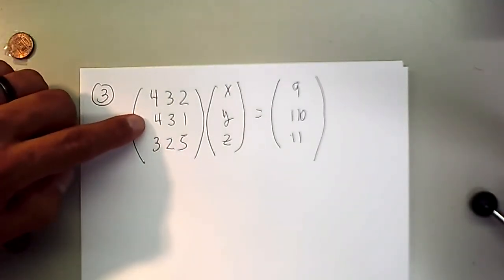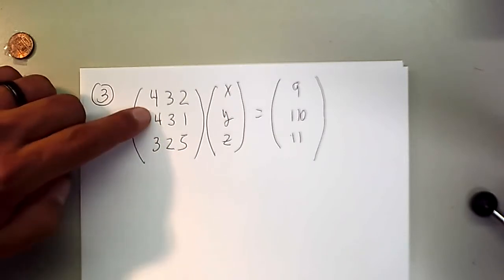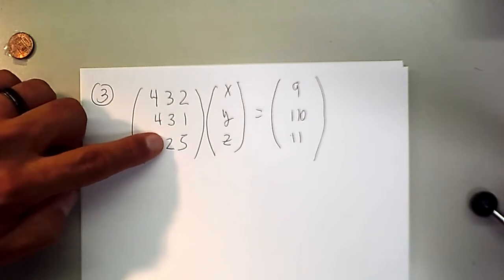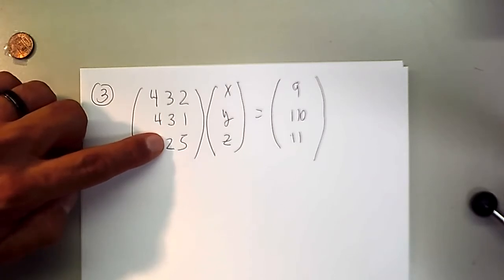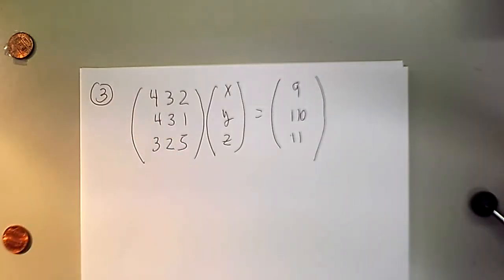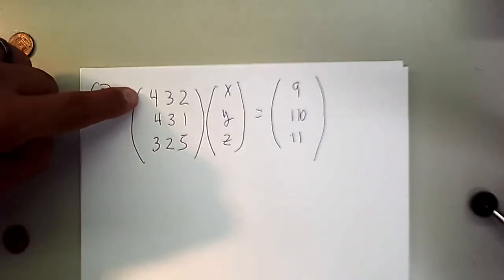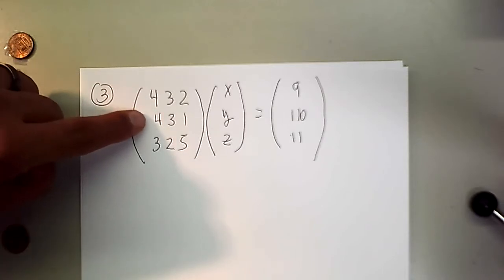Actually, it shouldn't be too bad because all we need is three matrices. We need to get rid of this guy, get rid of this guy to end up with zeros, and then we need to get rid of this guy. Based on what we did in the previous examples, what we need to do is get rid of the 4.